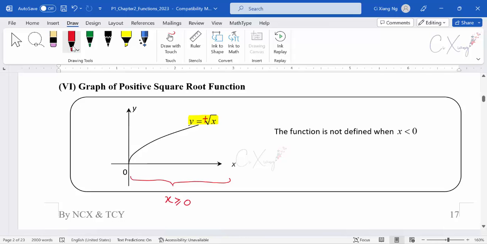If you try to understand the graph and also the function, you will see that they tally, or they prove each other, because x is greater than or equal to 0.